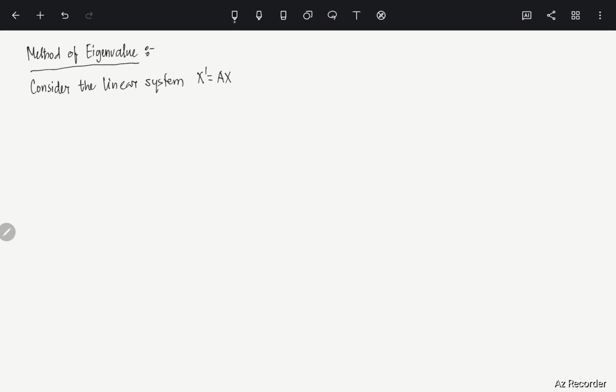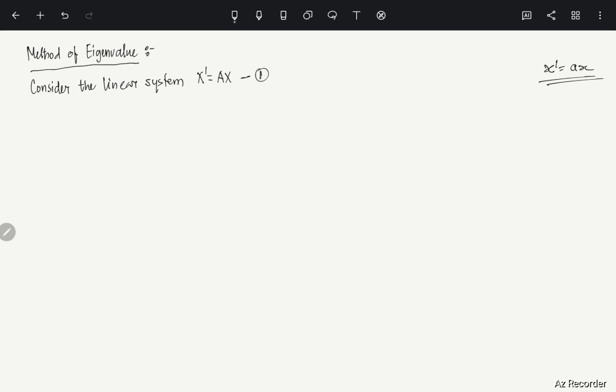So what we have is this. First of all, we start with this linear system x prime equals Ax. Let us just try to solve it, without knowing anything. If you have x prime equals Ax, one way of solving is directly separating the variables and writing it like that.